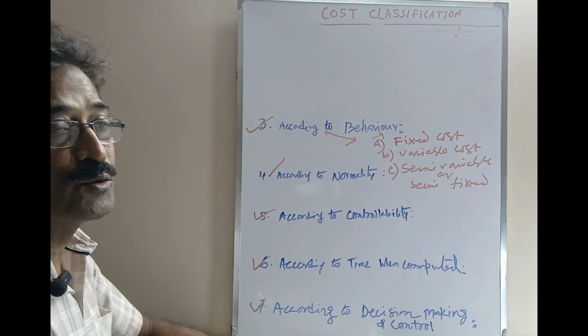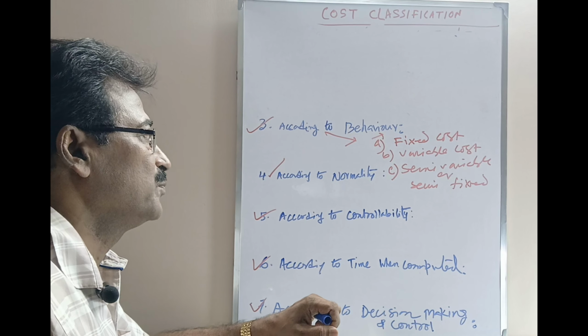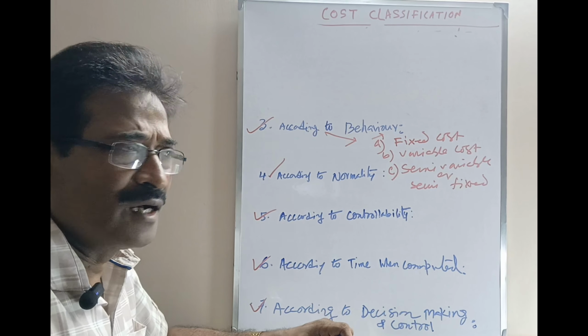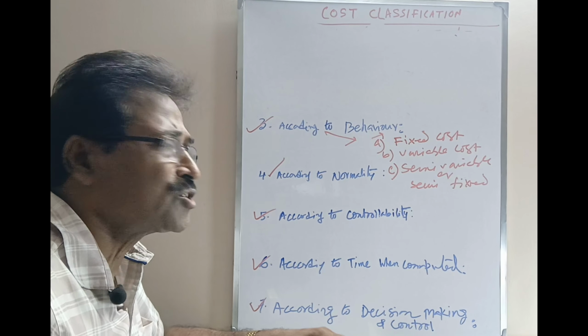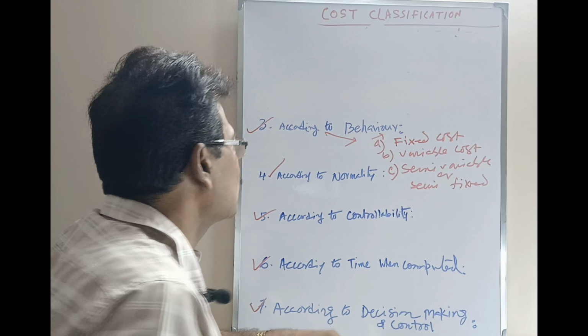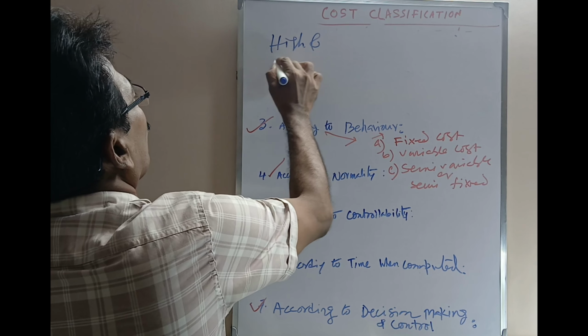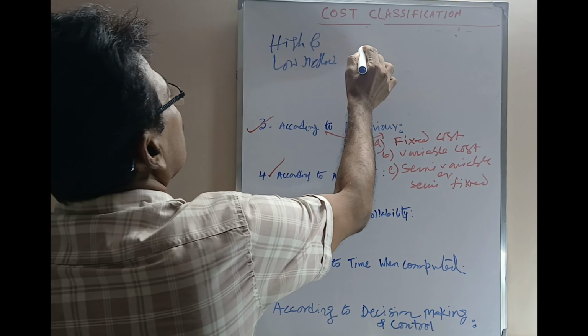So how to segregate this semi-variable cost into variable and fixed parts? There are several methods of segregating these semi-fixed, semi-variable costs. The most important and most used method is the high and low method. What is this?